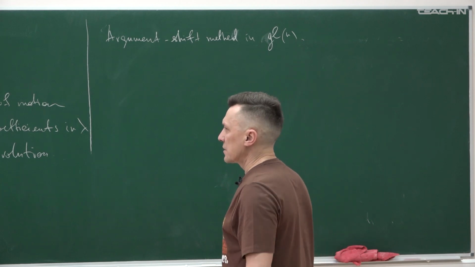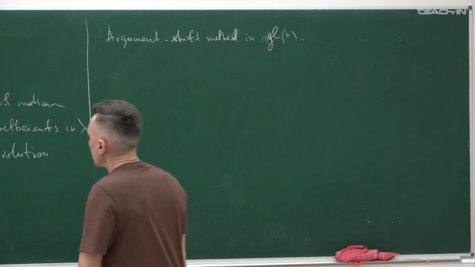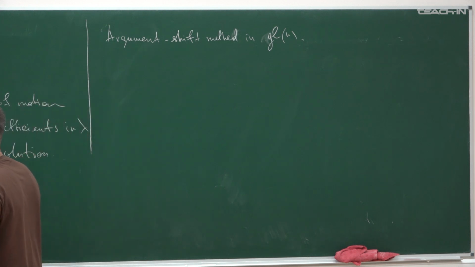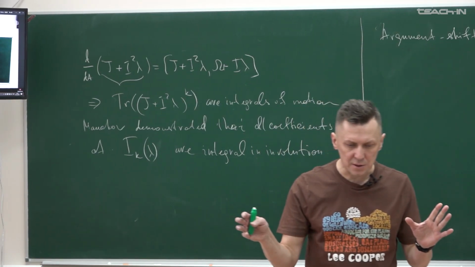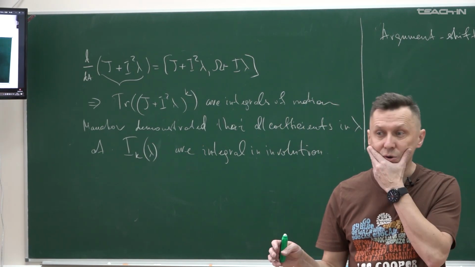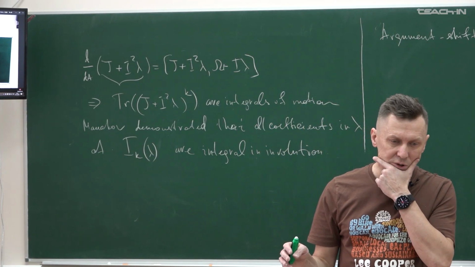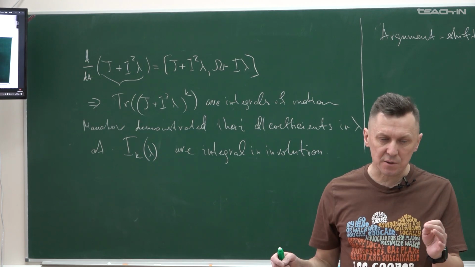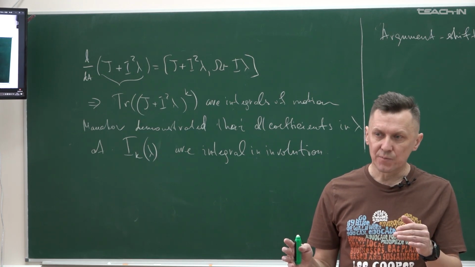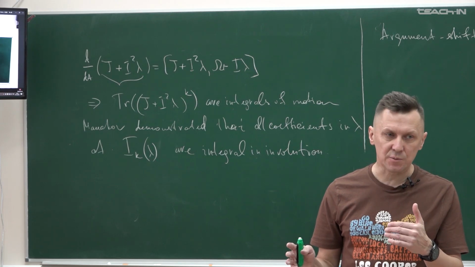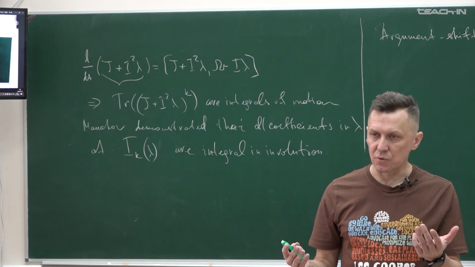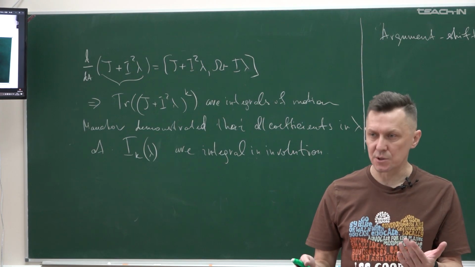So I think that Mishchenko knew additional integrals. So you remember for this generalized top on SON, the spectral invariants, just the traces of powers of the Lax operator, are not sufficient for integrability. So one needs some additional.